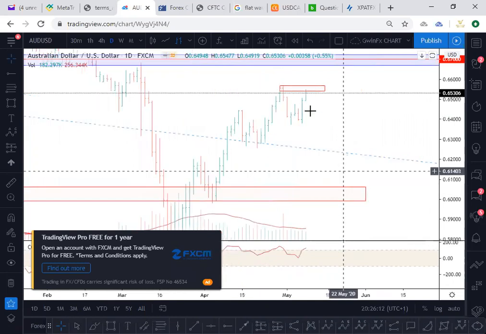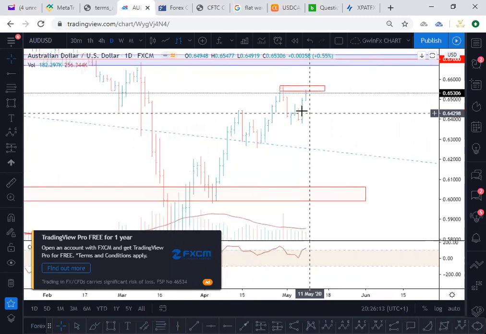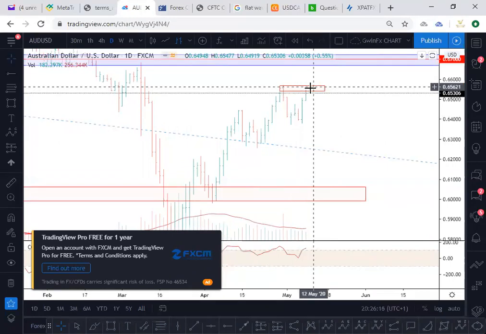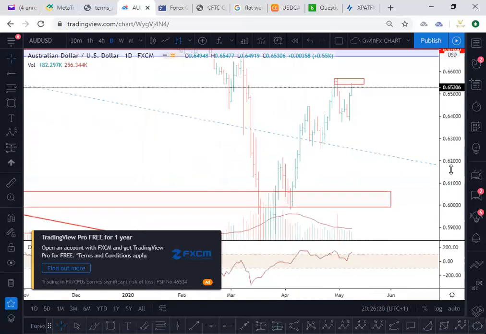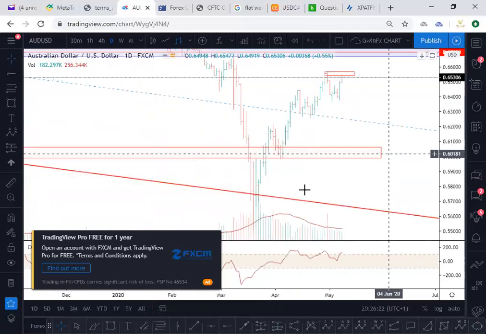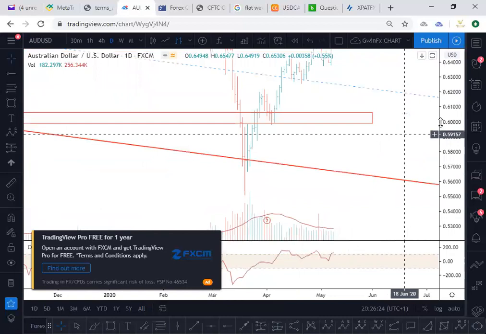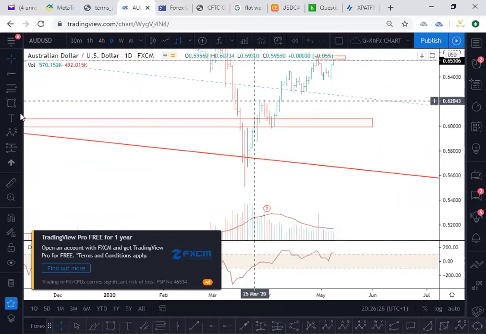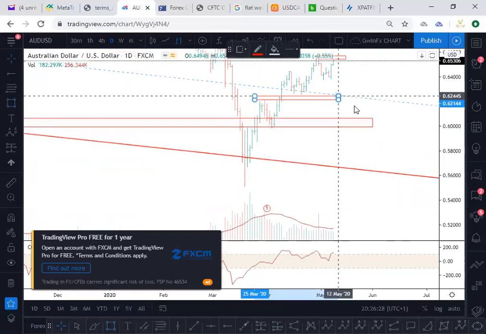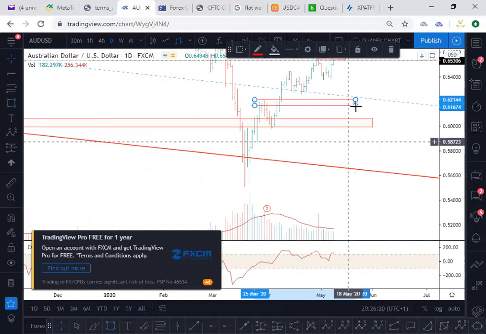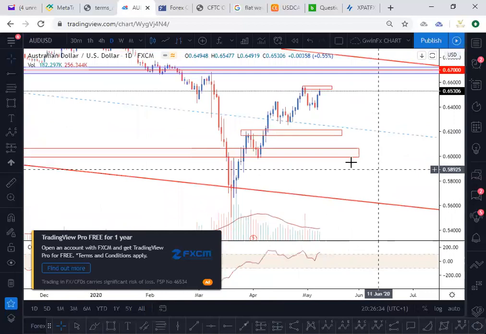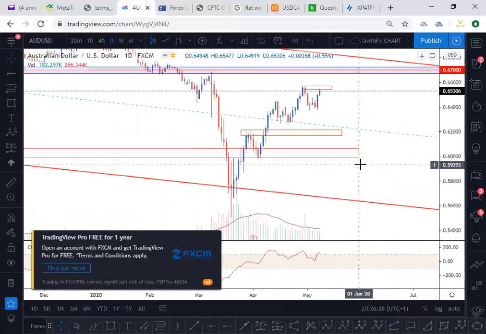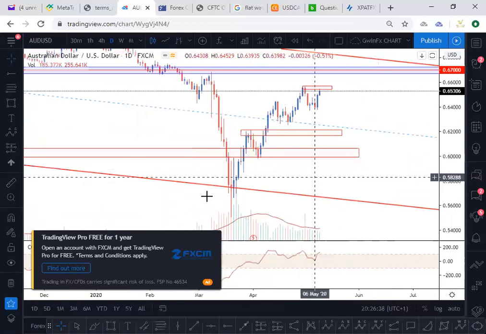So we need to see some reaction inside of this area, and we can then look to sell to the downside for a correction, at least to correct into this zone first, and also this zone here, because these are two key levels where, at the same price, the market did come and make a bounce.